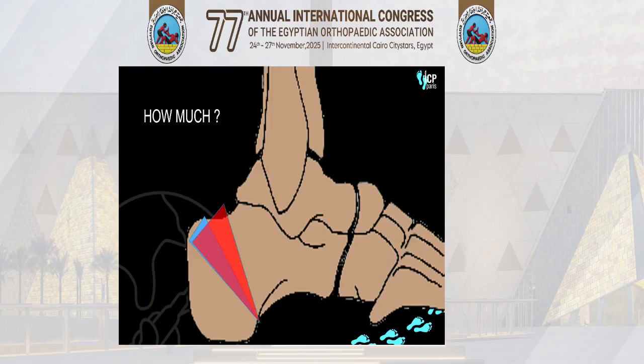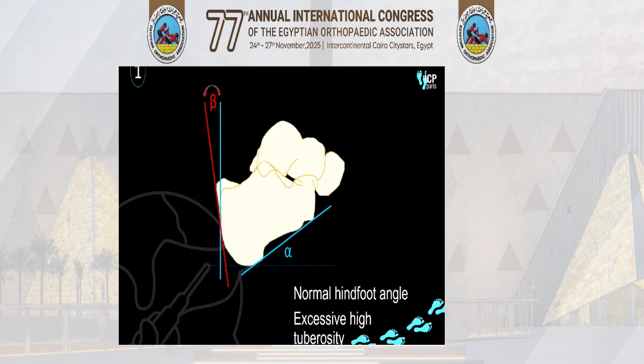Then how much? The same. It will depend on the result you are expecting. So 3 situations are possible. So you have a normal hind foot with a neutral calcaneus, but with excessive eye tuberosity and a negative posterior angle beta, this part.